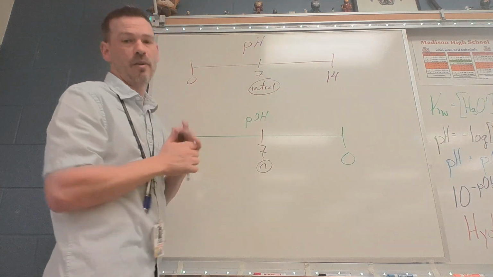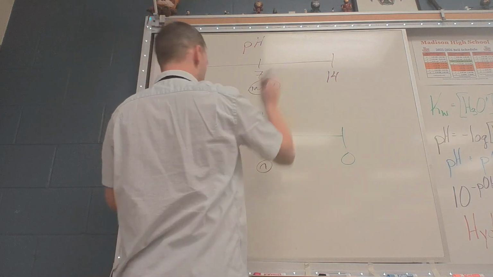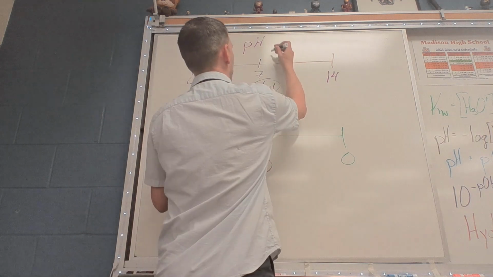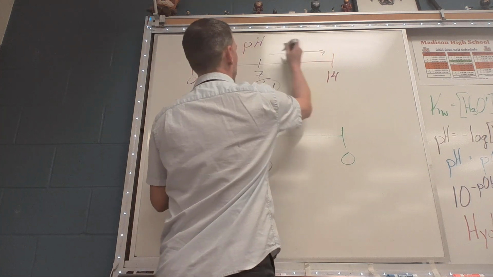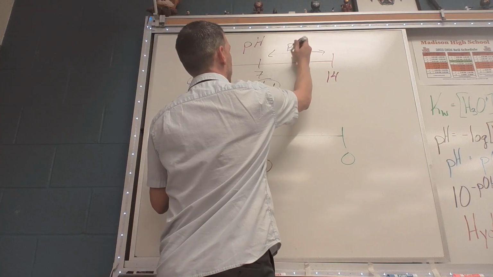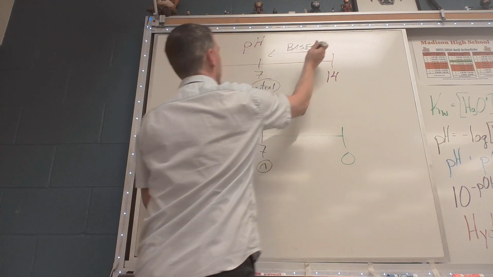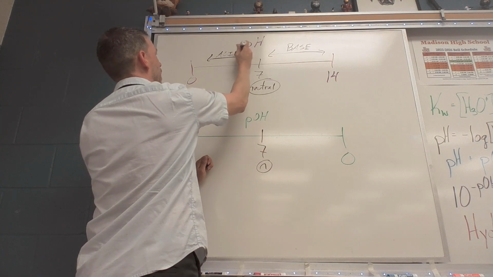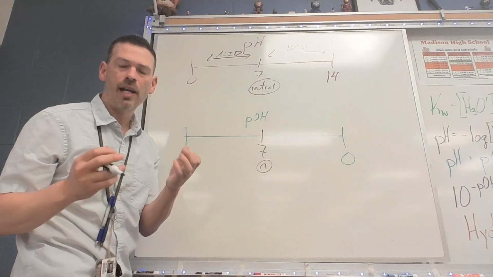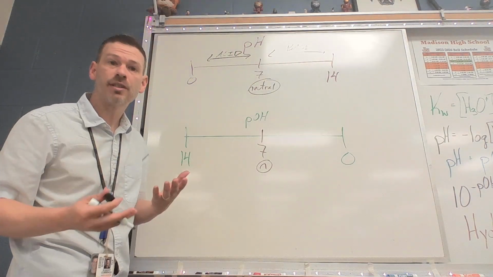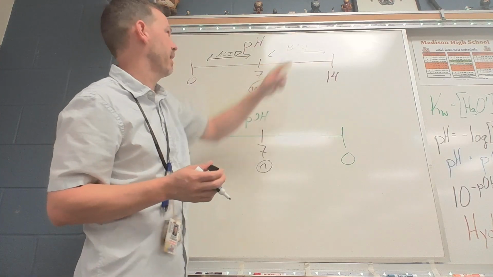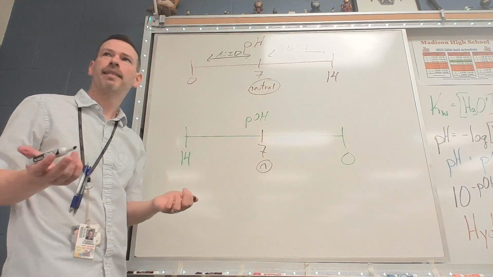On the pH scale, if you go this direction, that is where the bases live. And if you go this direction, that is where the acids live, in regard to drawing conclusions about your substances. All right, so a pH of 8 is a base. That's what you want to be able to say.